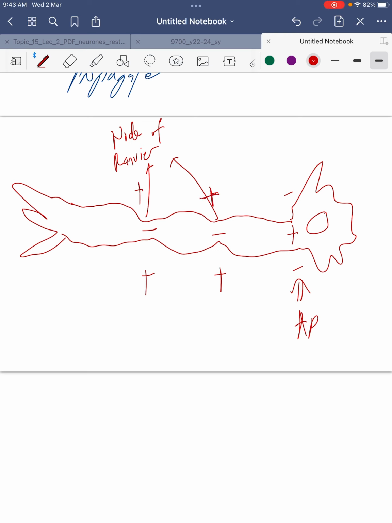Okay, so what happens is that the positive here will jump like this. It's not literally jumping, we call it saltatory conduction. I've been mentioning this all the time, saltatory conduction, but it's not literally jumping, it's just faster. So this one will be attracted, we call it the local electrical circuit, we'll talk about it later on.